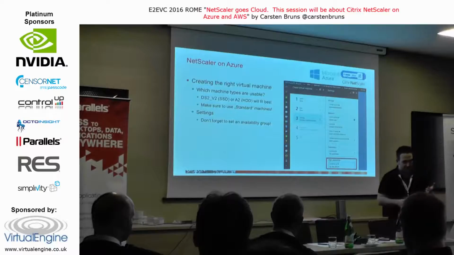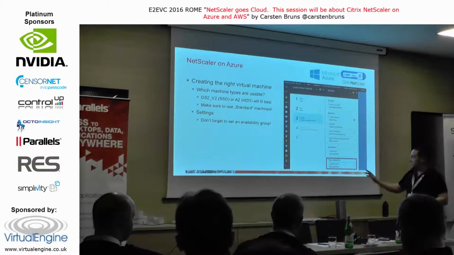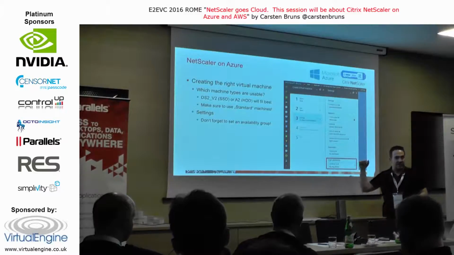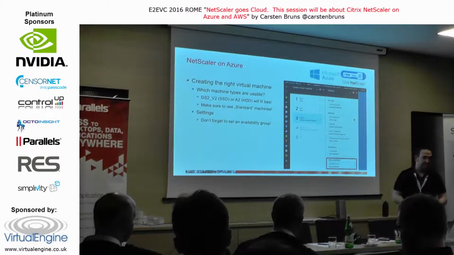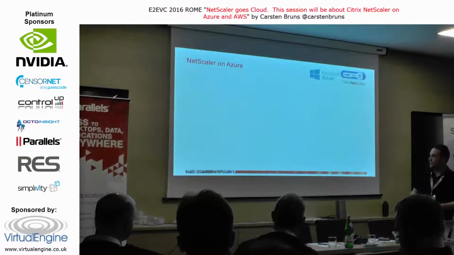Why to use a load balancer on Azure, I will tell later. But this is very important. You have to set it right here. If you don't, you can delete your machine and deploy a new one. Last thing again, bring your own license.